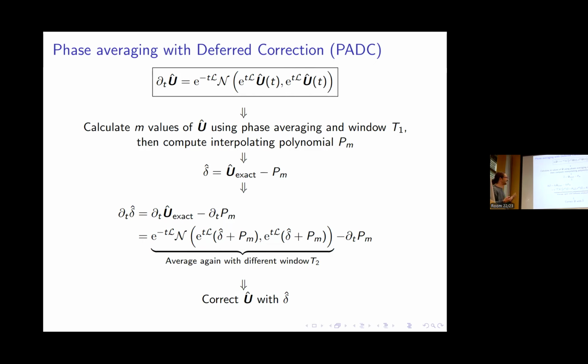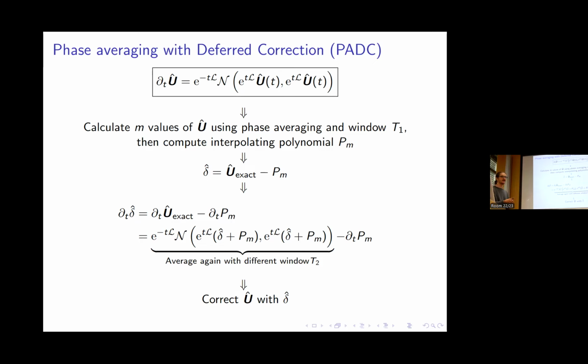And the novelty of what we're doing is we're using a different averaging window to average the error than the averaging window we use for the initial one.